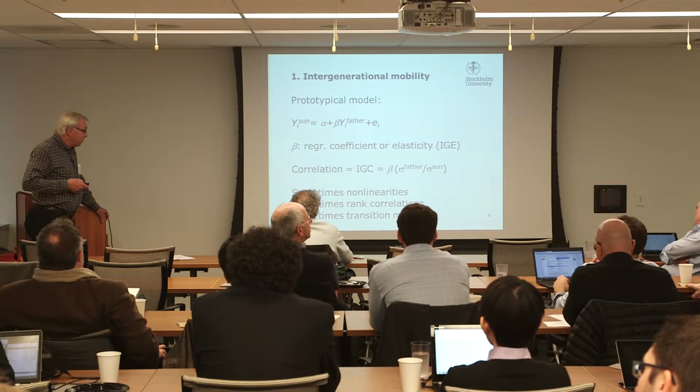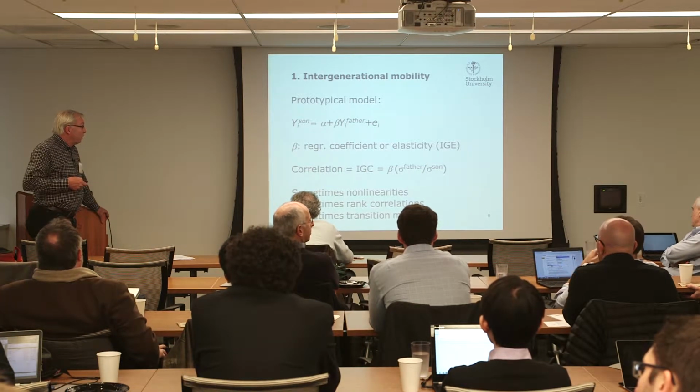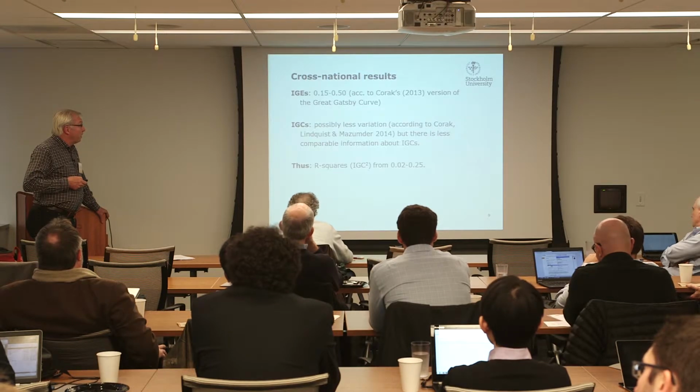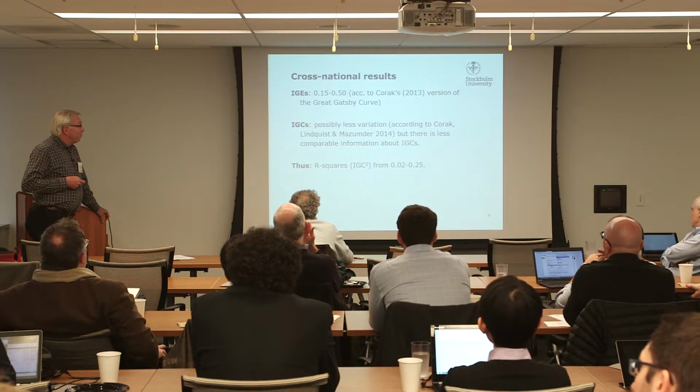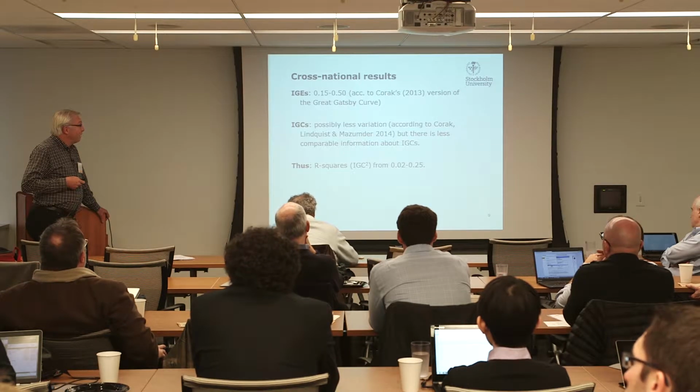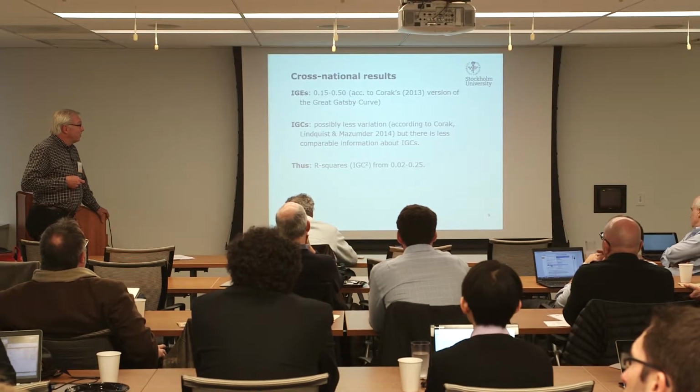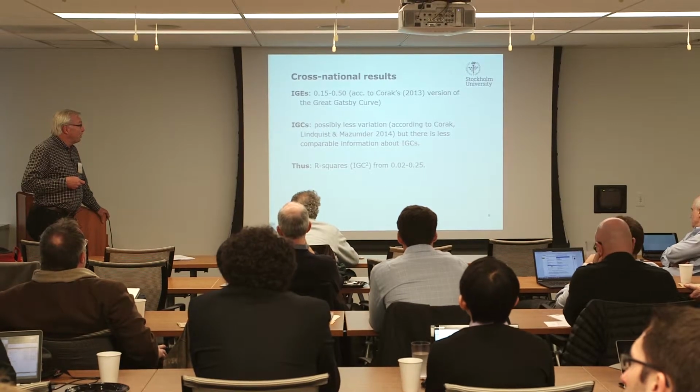And of course there are extensions of this that we will hear about, that I think you know. And the general impression here from the results, I think, is for the IGEs, the elasticities, somewhere between 0.15 and 0.50.